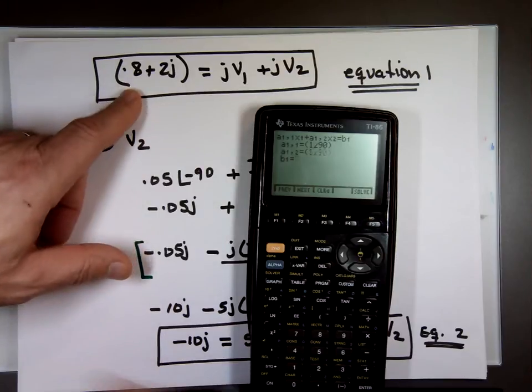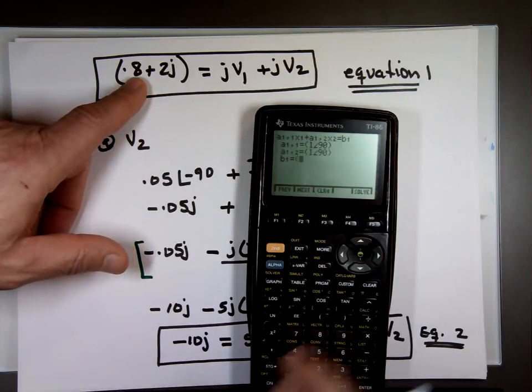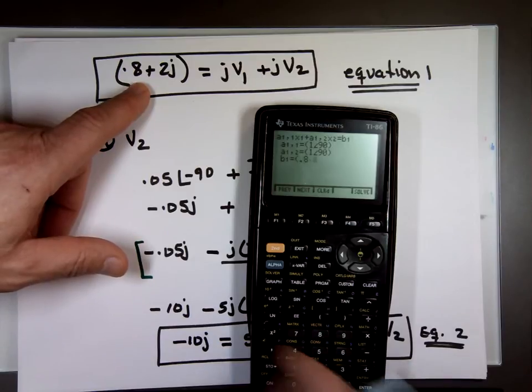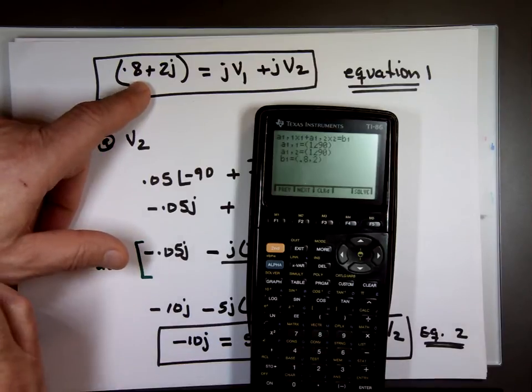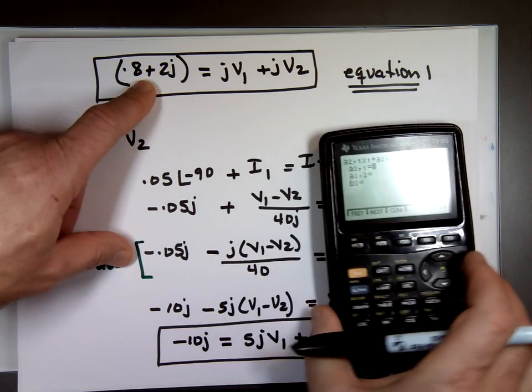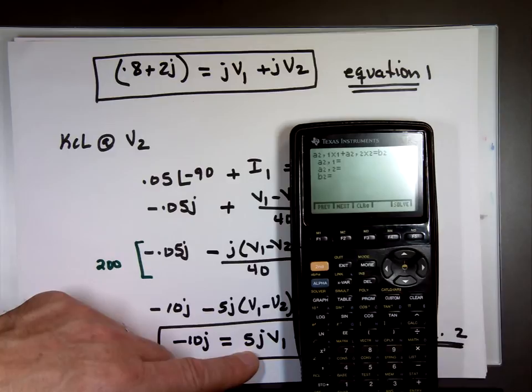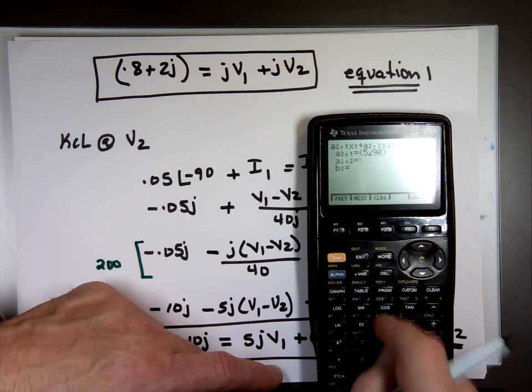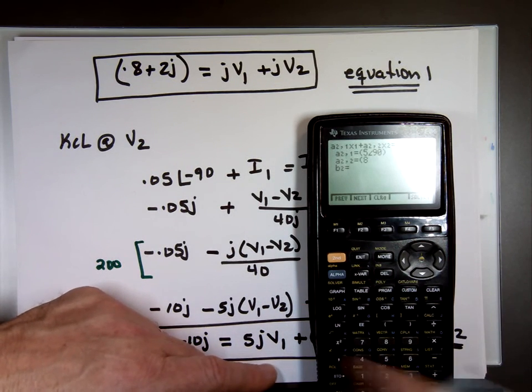For B1, it's the complex number 0, comma 1, 2, and the answer 0.8, comma 2. Equation 2 now: 5j is 0, comma 5. 8 minus 5j is 8, comma, negative 5.